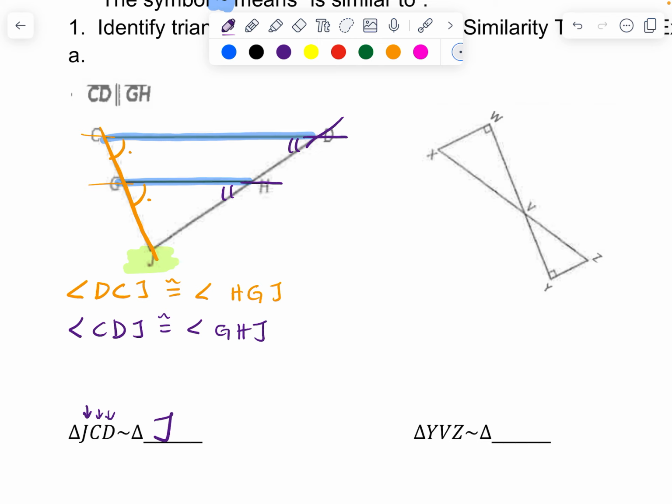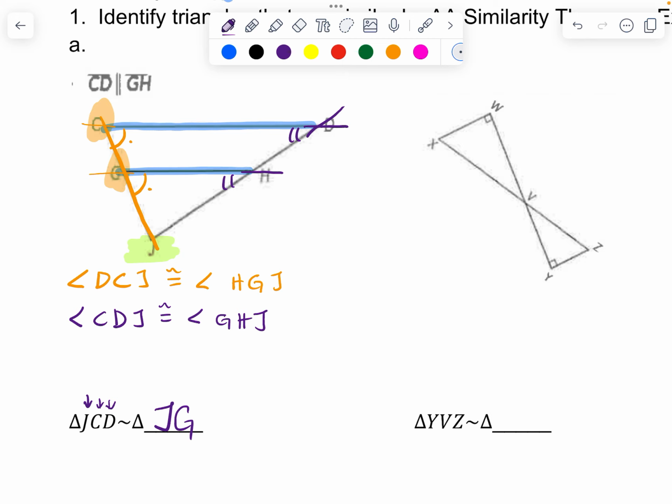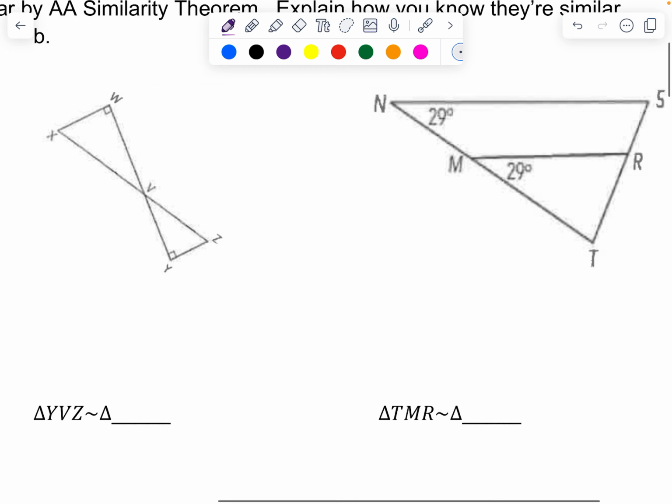Then it went to C. C is up here, so it corresponds to the letter G. So then we have G, and then we have D, and that corresponds to H. So triangle JCD is similar to triangle JGH.